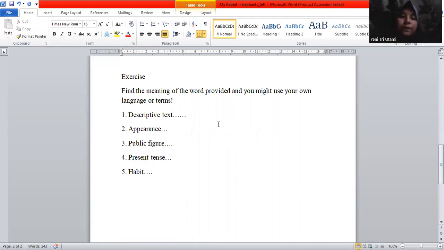The first one is about what is meant by descriptive text, and then what is appearance, public figure, present tense, and then habit. You might find these word meanings using your own language or terms. So it's up to you guys. You need to explain more about what it means using your own language or terms. And I give you 10 minutes to do it.